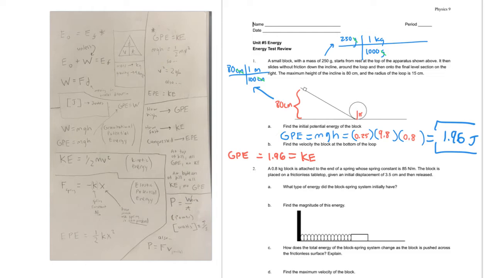You should have that written somewhere. I put an asterisk there to relate it to this situation, okay? So 1.96 is going to be equal to the kinetic energy. And we know that the kinetic energy is 1/2 the mass times velocity squared. So I'm just going to write that over here. I'm going to rewrite the situation as 1.96 equals 1/2 the mass times velocity squared.